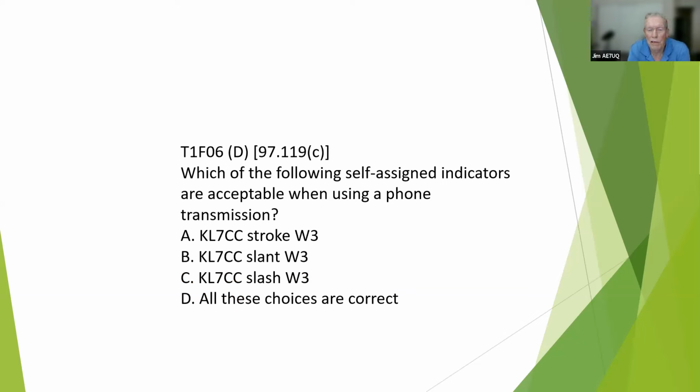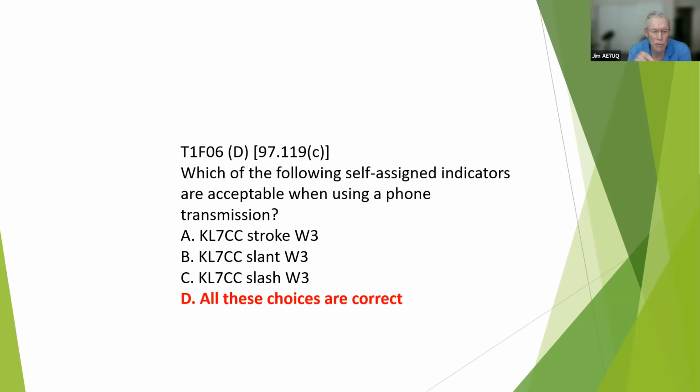Which of the following self-assigned indicators are acceptable when using a phone transmission? These are all acceptable, and basically what this means when you use a stroke, slash, slant is that it doesn't really happen in the US now, since our call signs, 7, 8, 9, 3, 2, don't lock you into a particular place. It's where you got your original license.